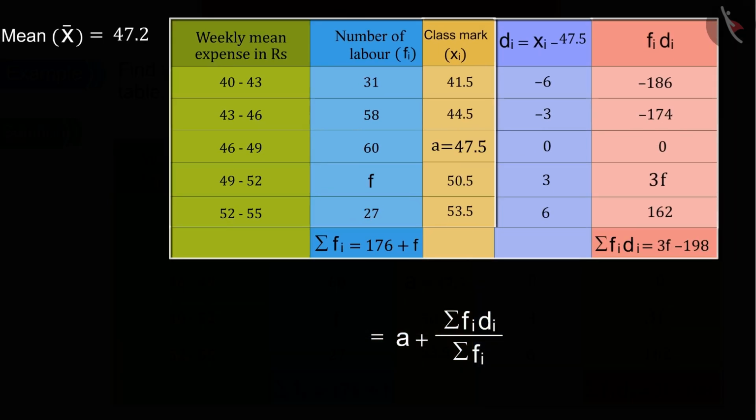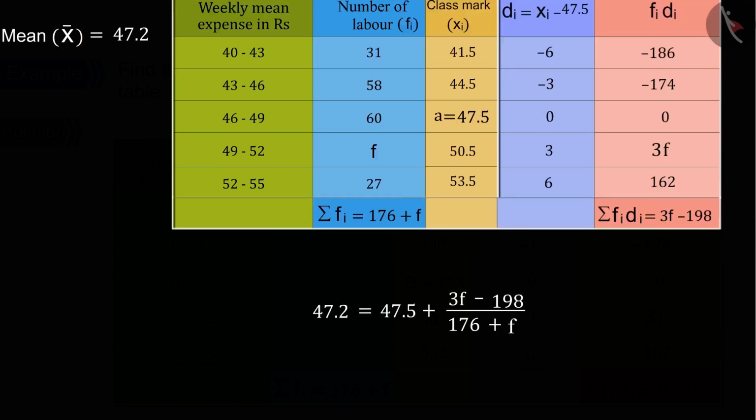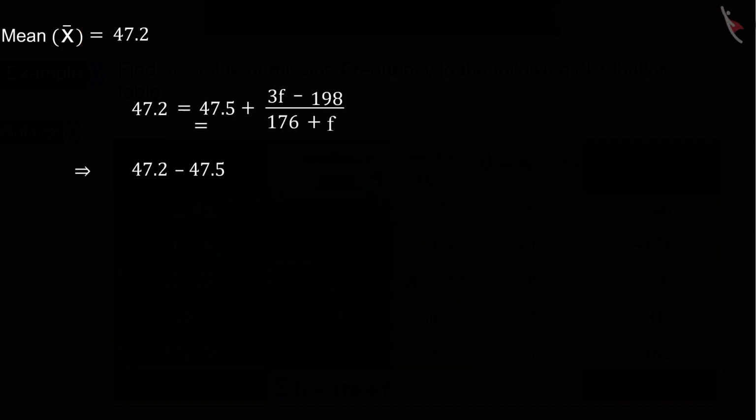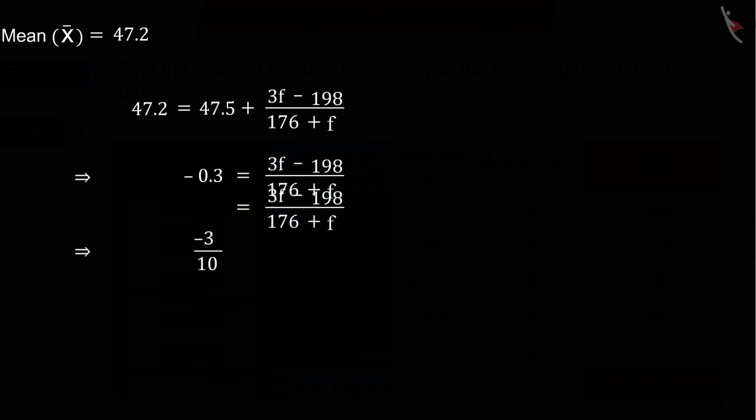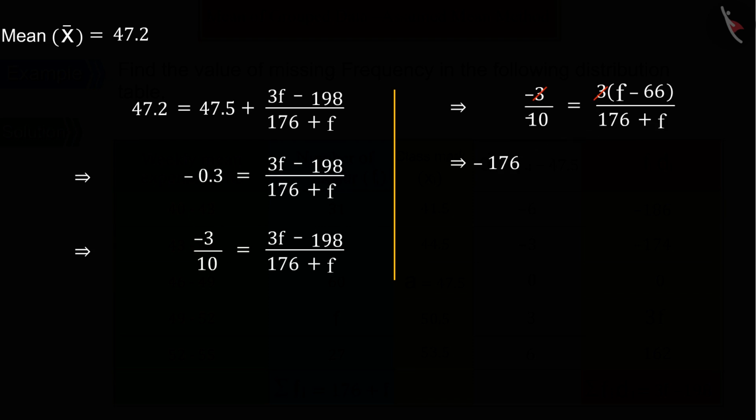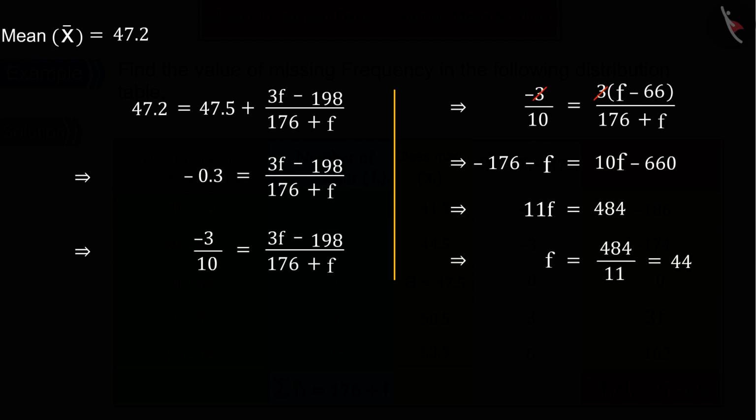Putting the values of mean expenditure x bar, assumed mean A, summation fi di and summation fi in the above formula, we get f equals 44.